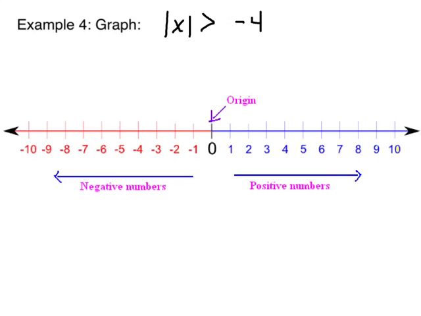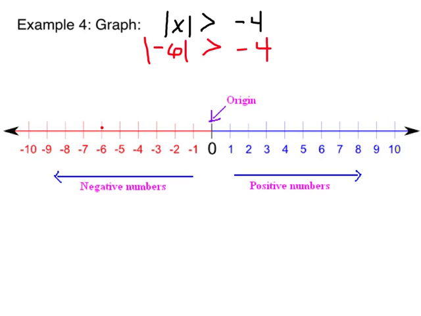Alright, so let's try putting in a number. Let's say we try negative 6. The absolute value of negative 6 is greater than negative 4. That is a true statement.